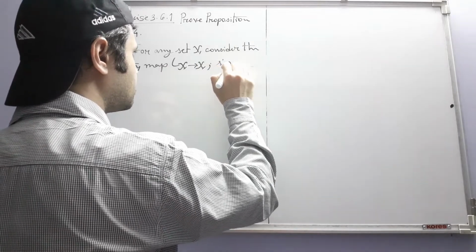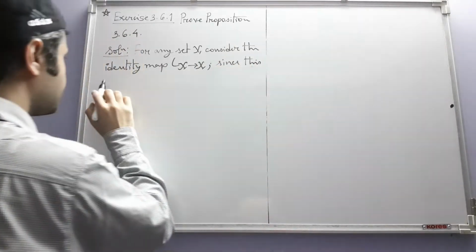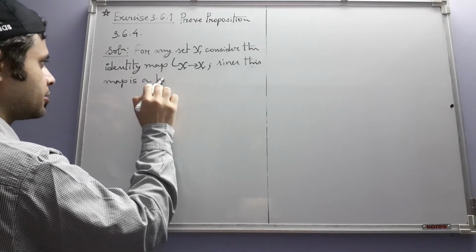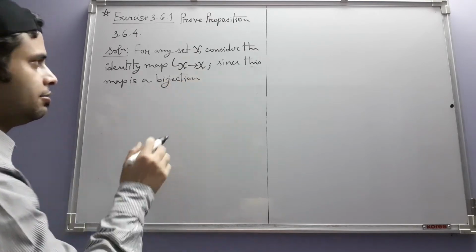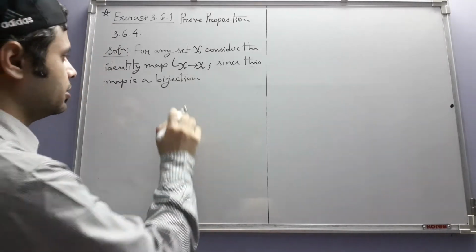Since this map is a bijection, we already know this, or in fact you can quickly verify that this is a bijection in a very trivial way.